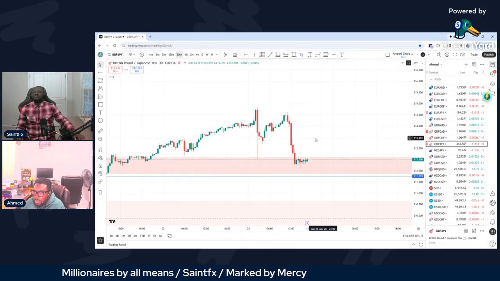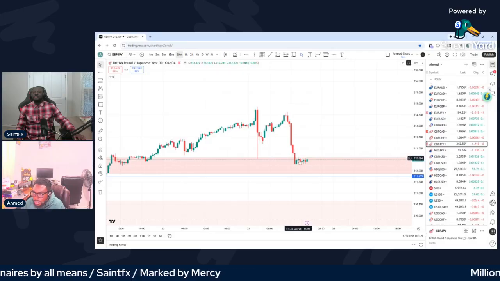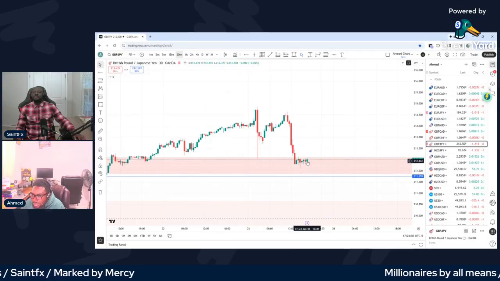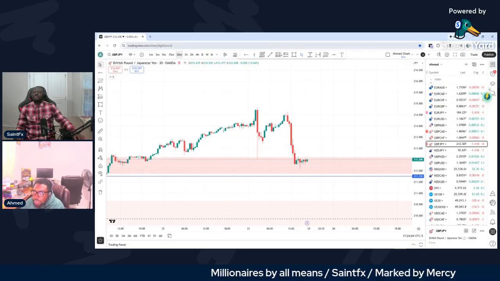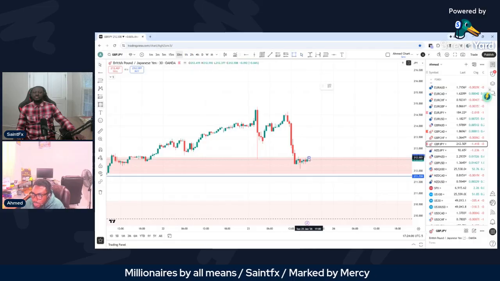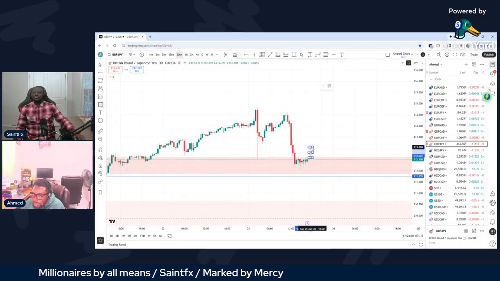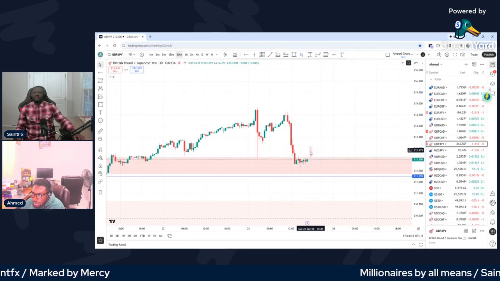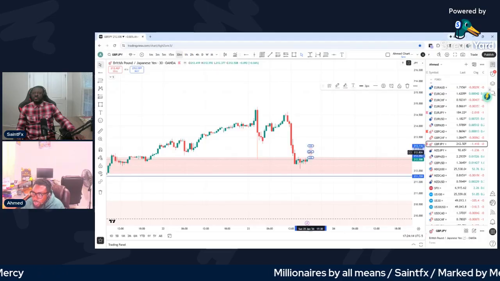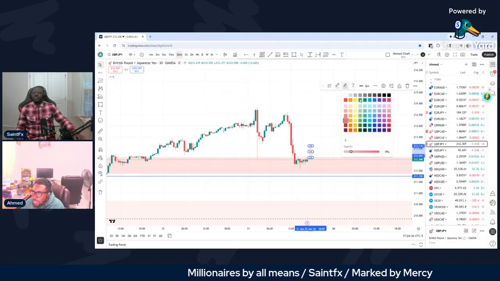What I want to see on the 30 minutes would be this comes down, and I want to see a big candle to the upside like this. I want to see a breakout like this. Once I see this, I could wait for a small retracement. Let me just color this so it makes more sense.